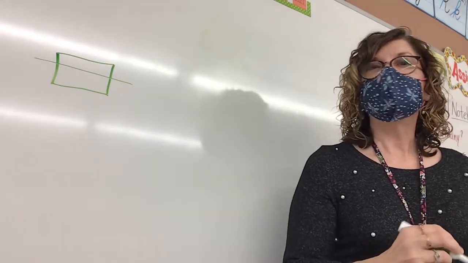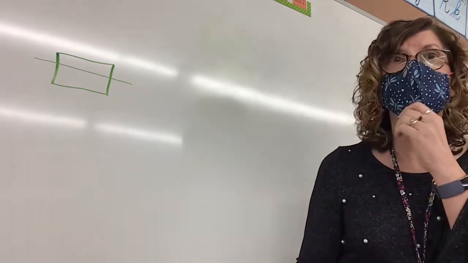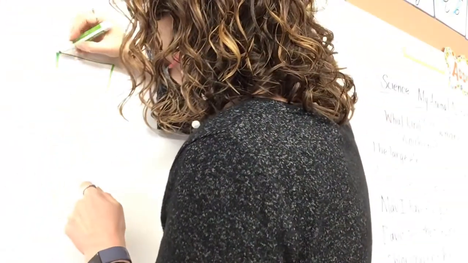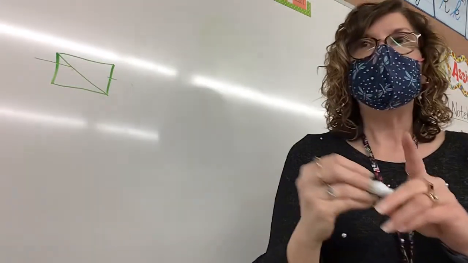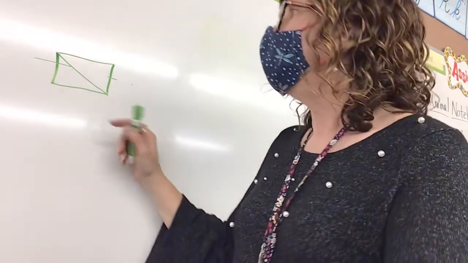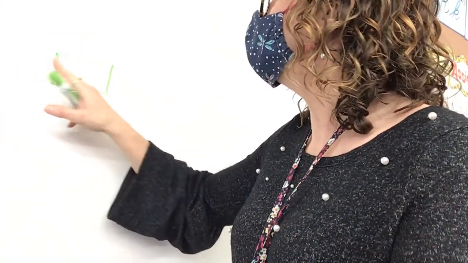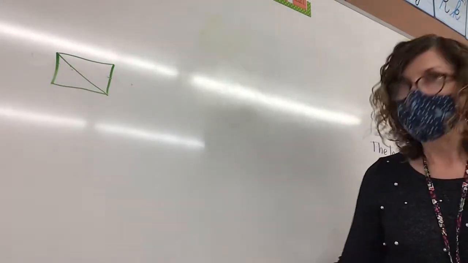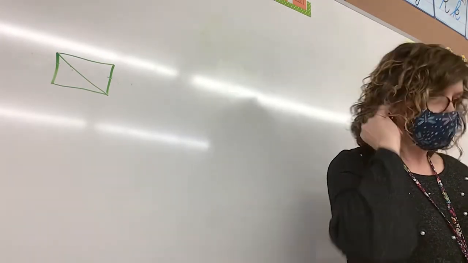Is that really symmetrical? No, it's not really symmetrical because they didn't do it at the right spot. So that's why I don't want you doing that. I want you going from corner to corner. Anytime you have a square or a rectangle, and I'm telling you to make it symmetrical, I do want you to go from corner to corner. That way you're not even having to worry about measuring to make sure you're in the right spot.